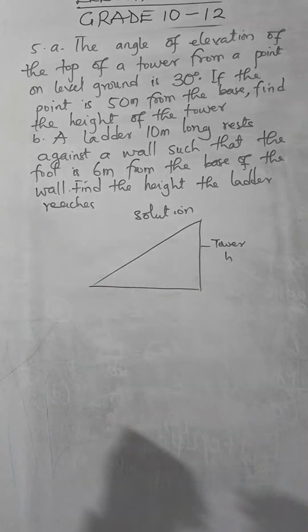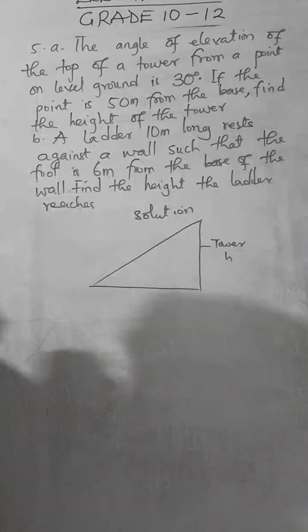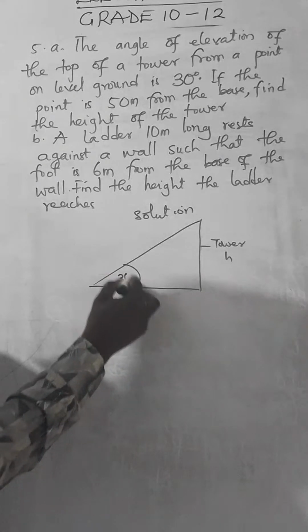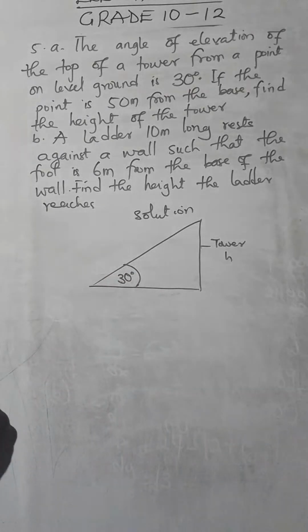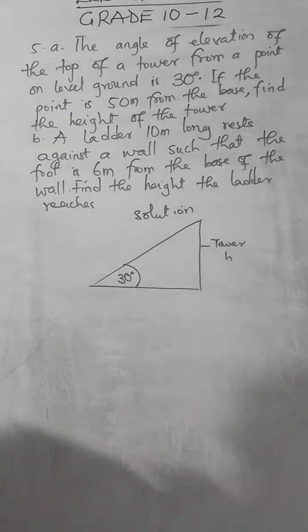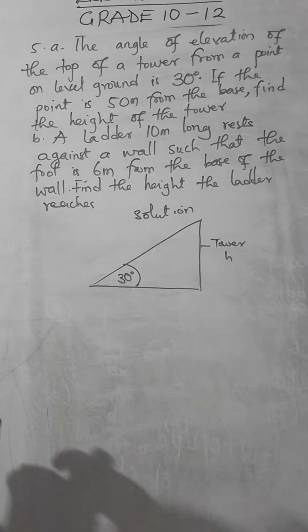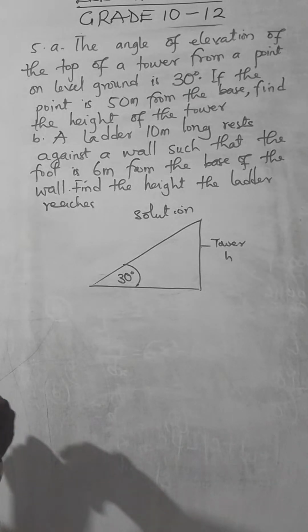The angle of elevation will be here, that is 30 degrees. They said if the point is 50 meters from the base, find the height of the tower.